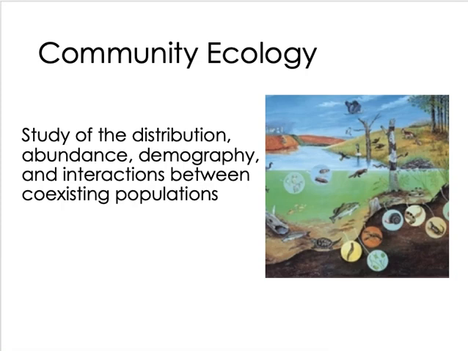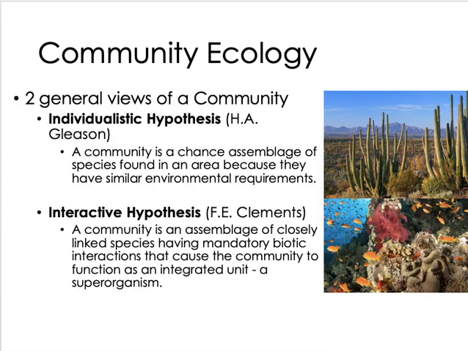Community ecology has two general views. We have the individualistic hypothesis, established by Gleason, and the interactive hypothesis by Clements. In the individualistic hypothesis, a community is a chance assemblage of species found in an area because they have similar environmental requirements.